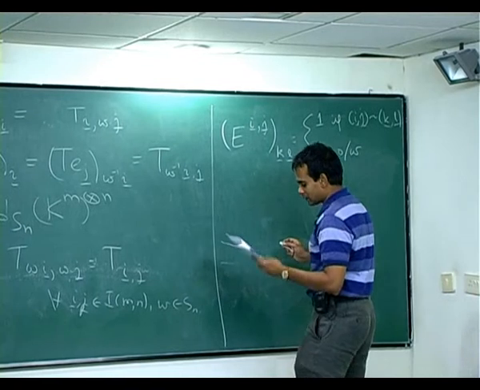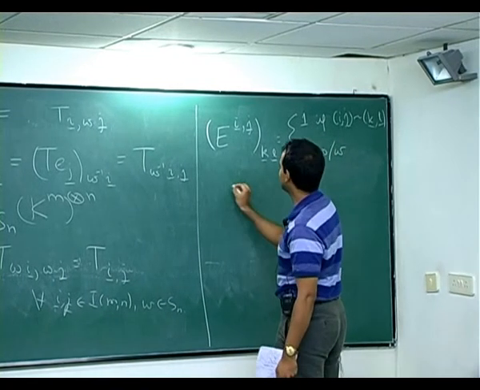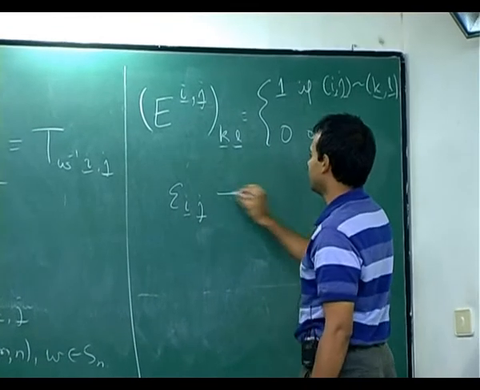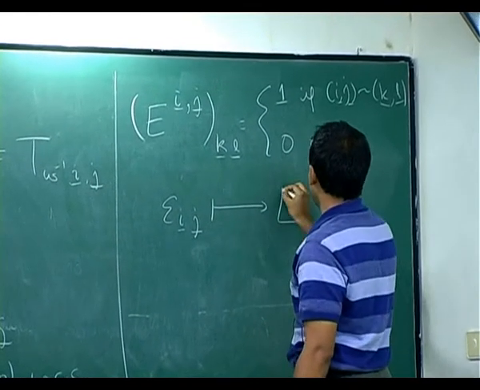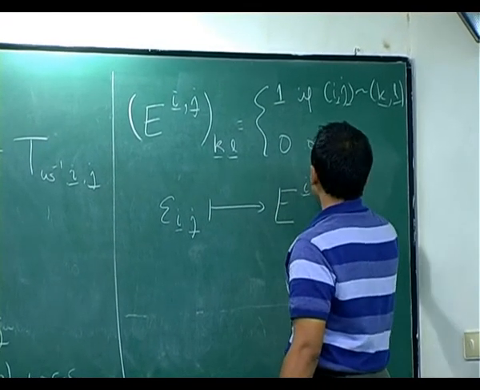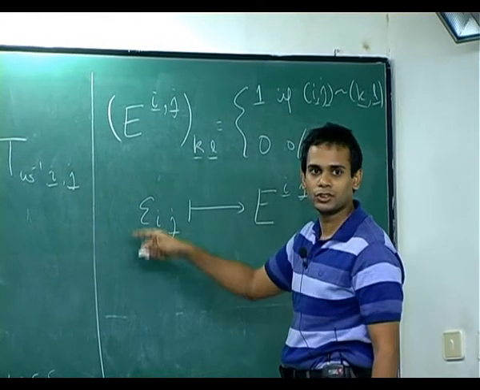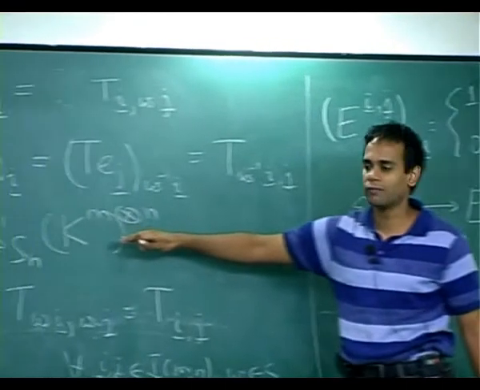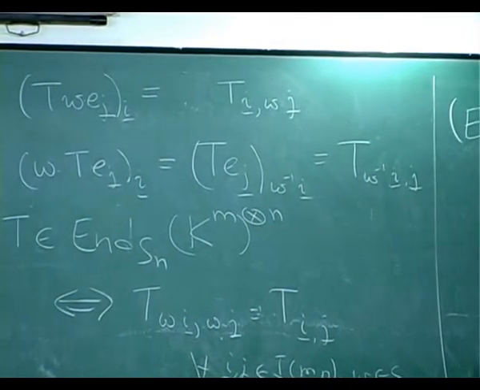And it is not difficult after all this to just check that if you take epsilon ij and map it to E_{ij}, this was the basis element of the Schur algebra, this is the basis element of the endomorphism algebra of the n-fold tensor product of k to the m.